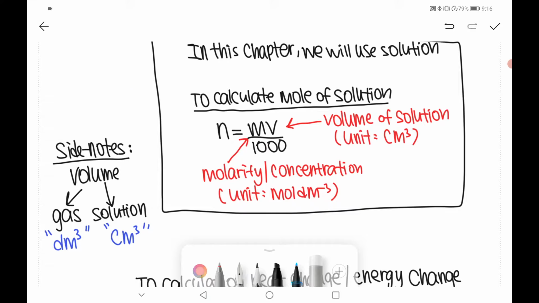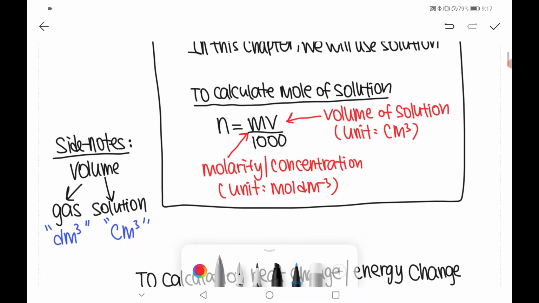They will not ask you the volume of solid. I repeat, in SPM chemistry, you will never use the calculation for the volume of solid.